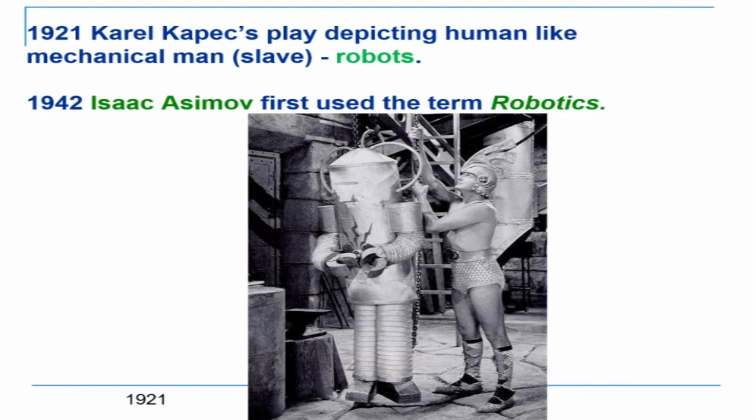Now, just for interest, when Karl Kapek first used the word robot, it actually came from the writings or the drama of the Czechoslovakian writer Karl Kapek, whose play depicted human-like mechanical men, and he said that in future there will be mechanical men who will do dirty work in industries.